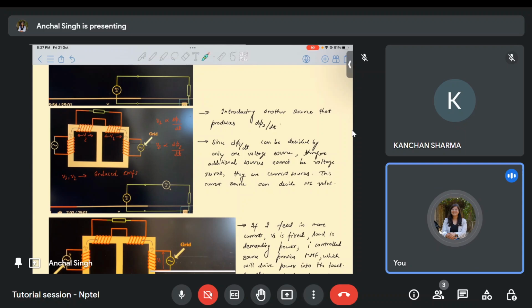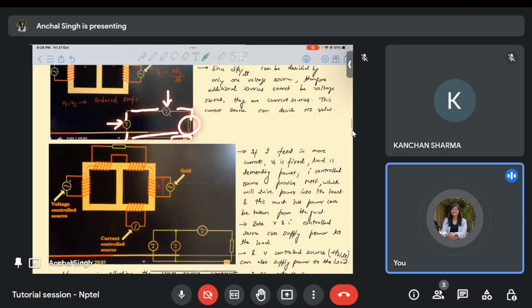Now I am putting another source here, which will generate another flux change, let me call it d phi 2 by dt. So this grid will induce one EMF, this voltage will induce another EMF, and both of these EMFs combined will give current to this load. D phi 1 by dt is generating one EMF, d phi 2 by dt is generating one EMF, and both of them together are supplying the load.